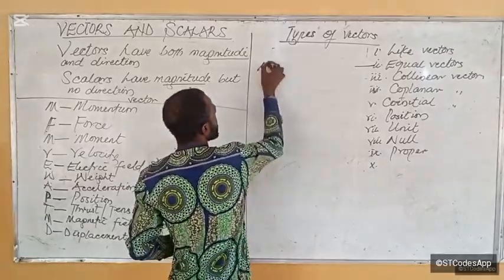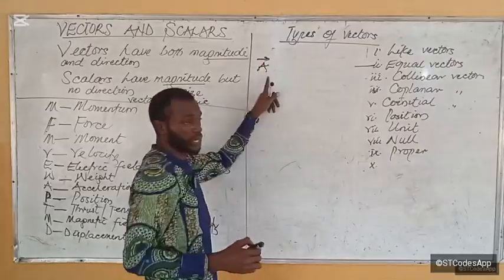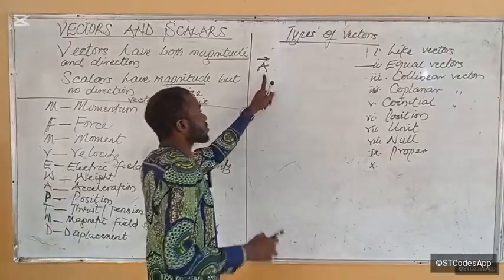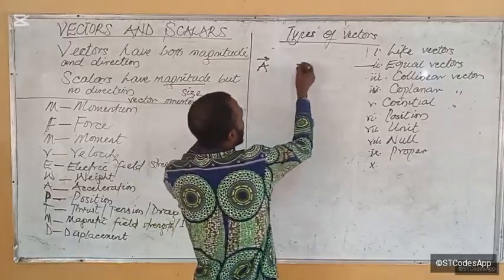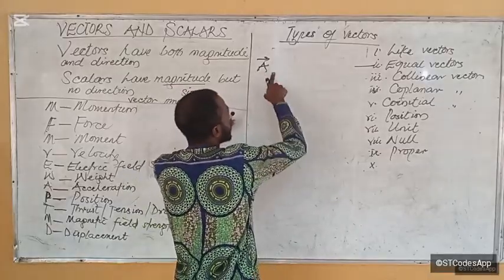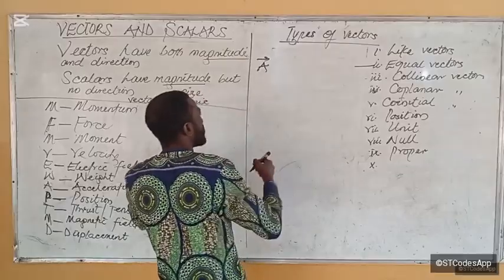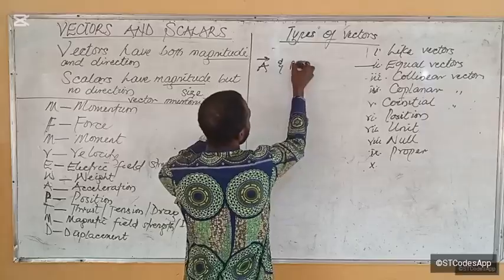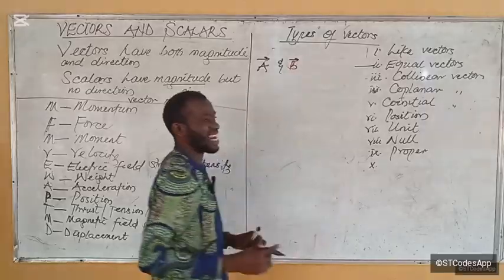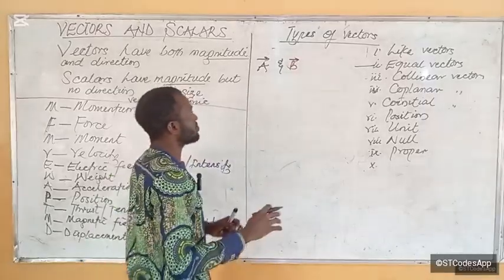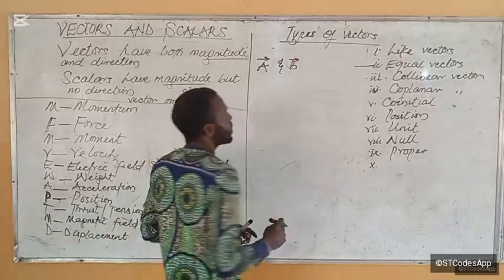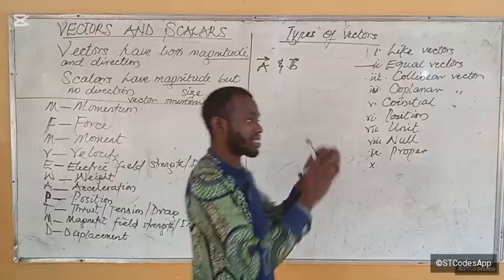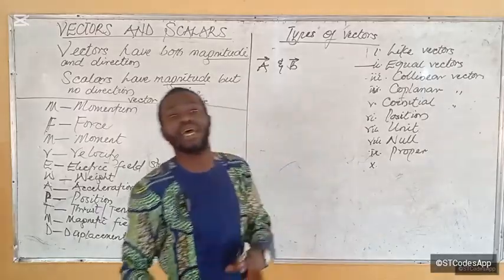For example, if vector A and vector B are equal, then it means they have both magnitude and direction that are equal. That is, they have the same size and they are moving in the same direction.